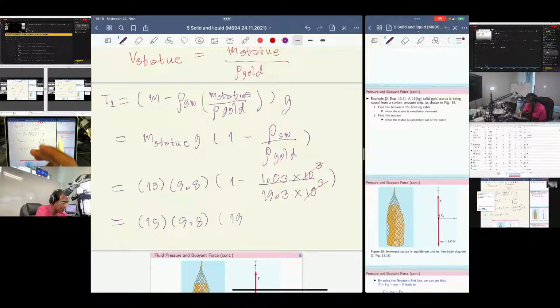Sorry for that. It's 139.15 Newton. Okay, that's the string in the first situation, right? The one where it's still in the water, right?